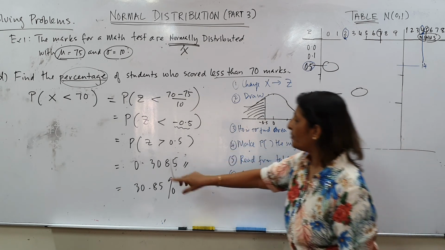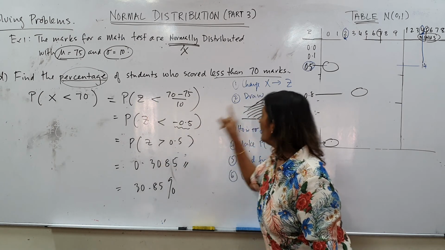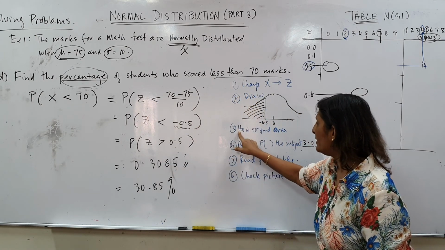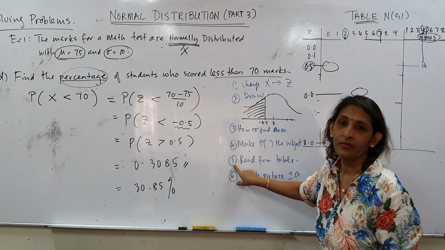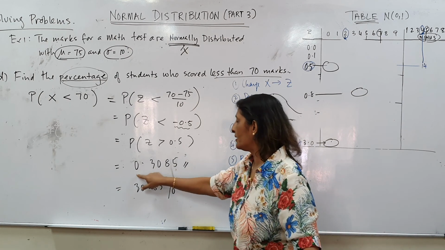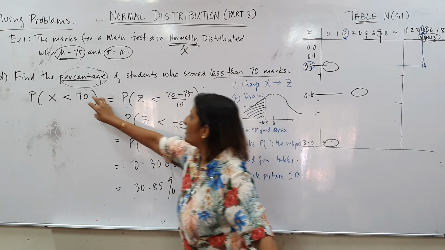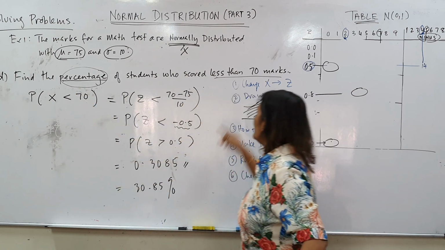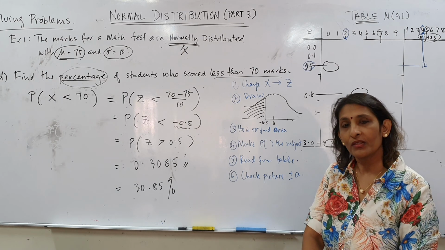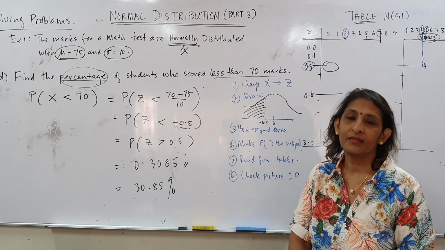But if you are looking for percentage only, you just change X to Z, step 1, step 2, and step 3 and 5. 1, 2, 3, 5 is enough. But if you're looking for values inside here, then you have 1, 2, 3, 4, 5, 6 to follow. Okay, so you remember all the steps and you do your questions, you will be fine.